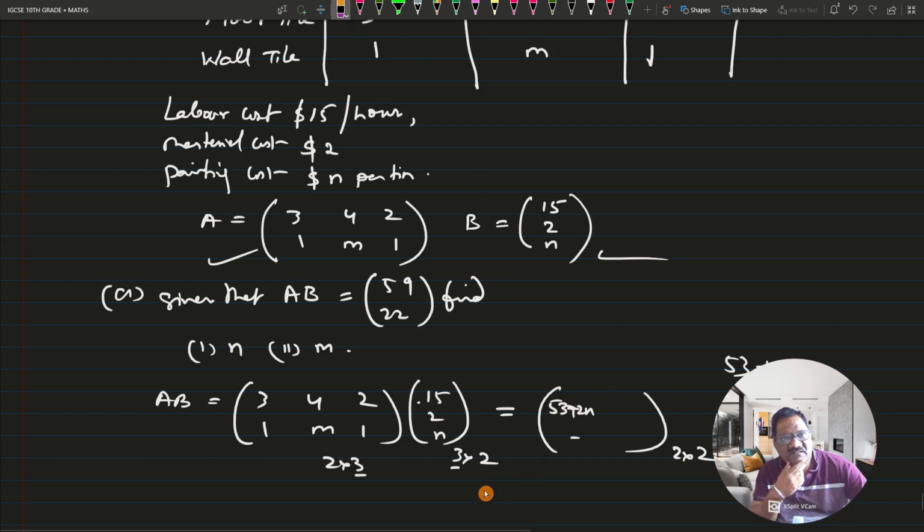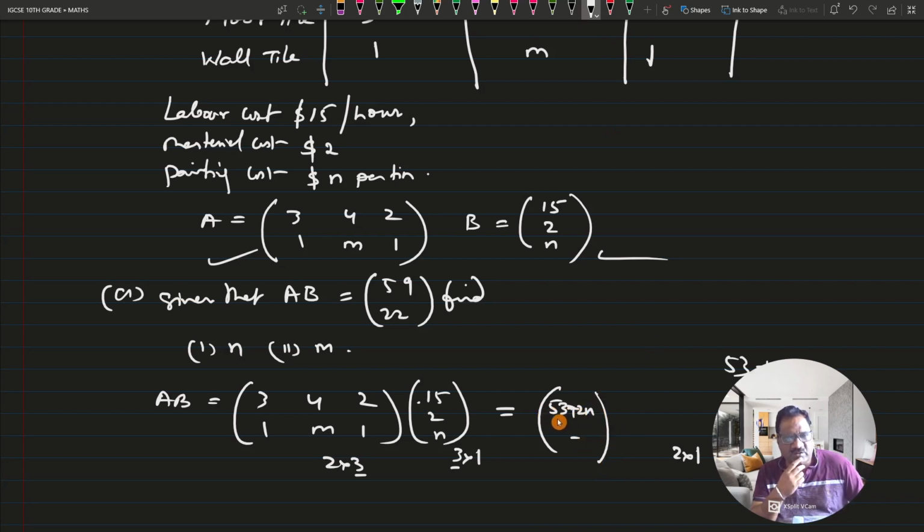This is not 3 by 2. This is 3 by 1. So the product of AB will be a 2 by 1 matrix and not a 2 by 2 matrix. So 2 by 1 means you will have only 2 rows and 1 column.